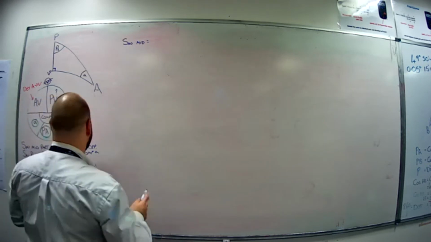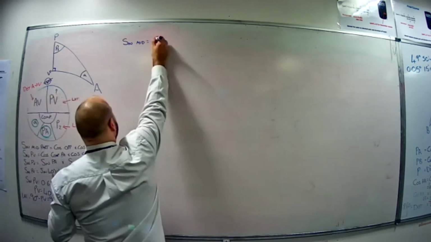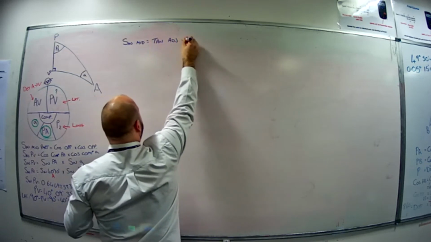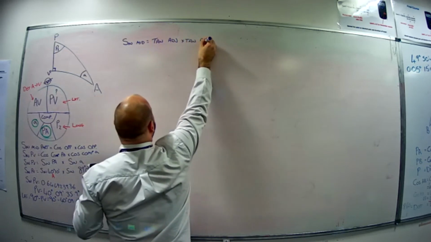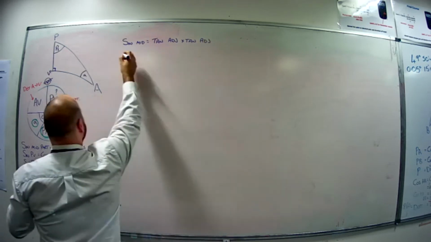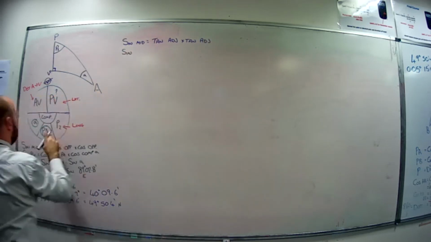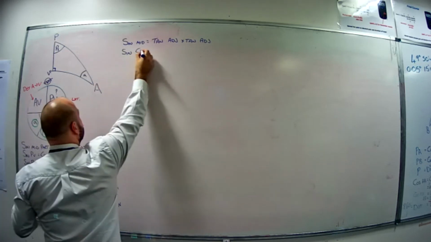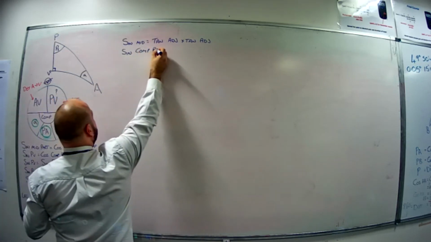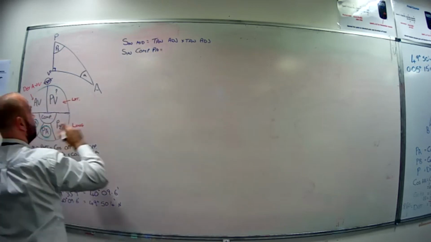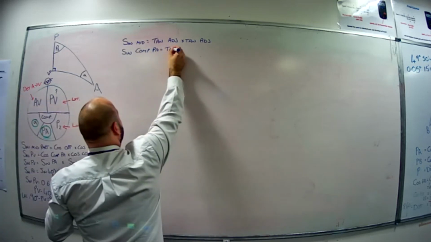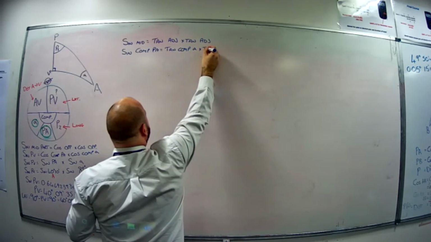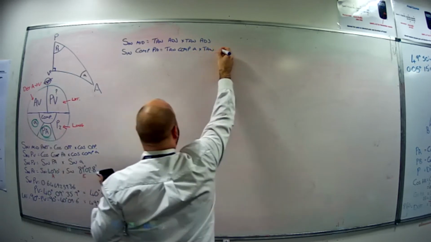I'm going to do exactly the same now. So sine of the mid part is tan of the adjacent times tan of the adjacent. So sine of the mid part being PA, complement of it, comp PA equals tan, but it's the complement of little a times tan of the complement of P2.